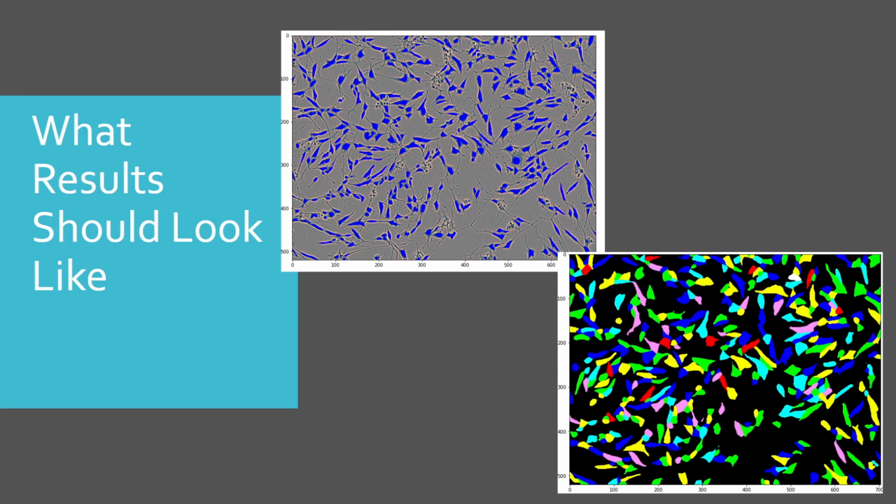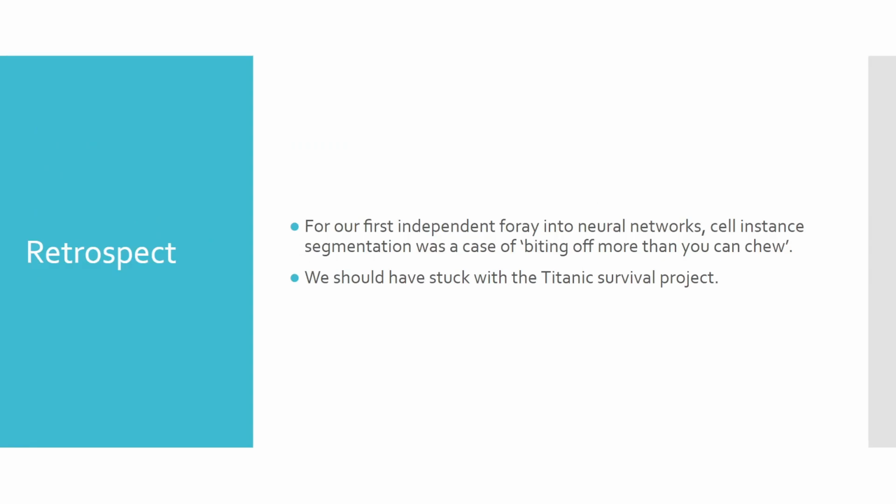In retrospect, for our first independent foray into neural networks and cell instance segmentation, that was a bit of biting off more than we could chew, and we should have stuck with our Titanic survival project, because that would have been way easier. I think we would have figured out who would have survived the Titanic in a much better time frame. Oh yeah, for sure. But lessons learned going forward.